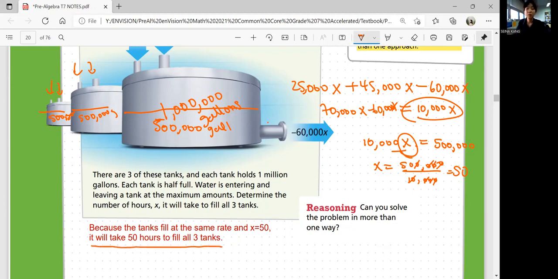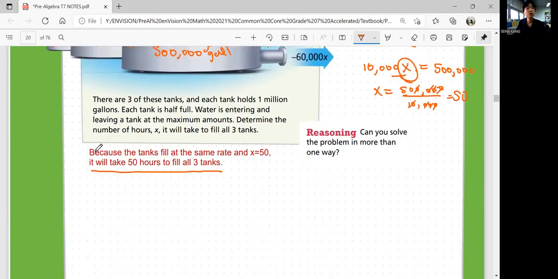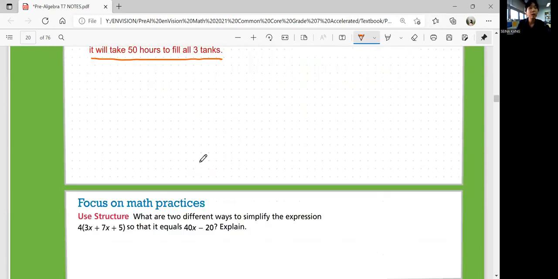Can you solve the problem in more than one way? Yeah, of course. You can also draw a bar diagram. You can have different expressions. You can use logic. So there are multiple ways to solve this, but you should get the same answer of 50 hours.